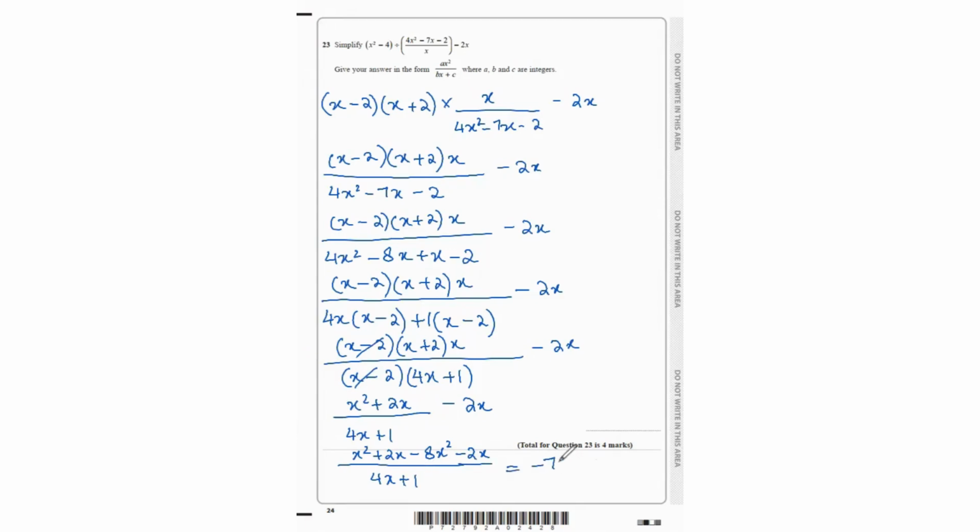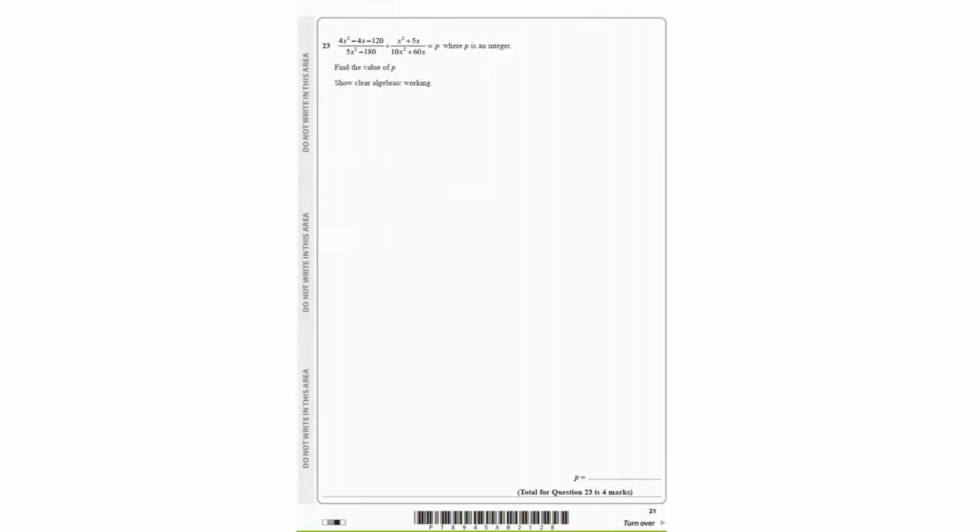That becomes negative 7x squared over 4x plus 1. So A is negative 7, B is 4, and C is 1. That's your answer.